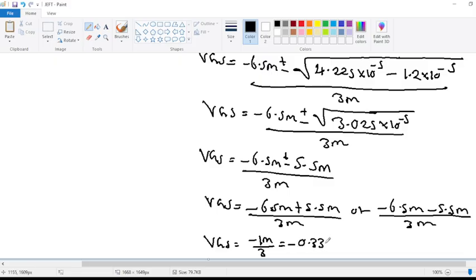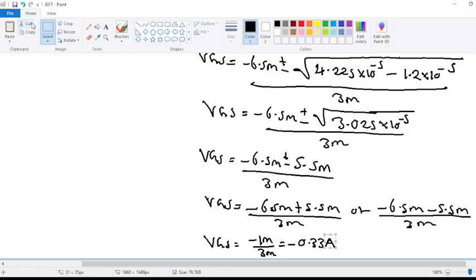Negative 1 milli divided by 3 milli, you're going to have negative 0.33. Sorry, not amps, but the voltage. This is our VGS, the gate to source voltage.